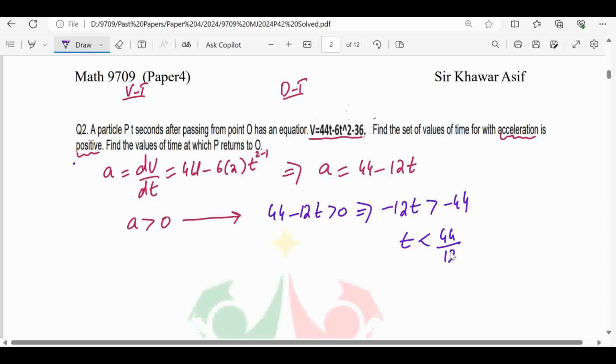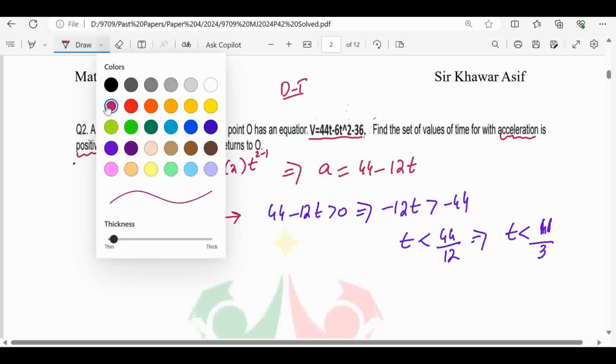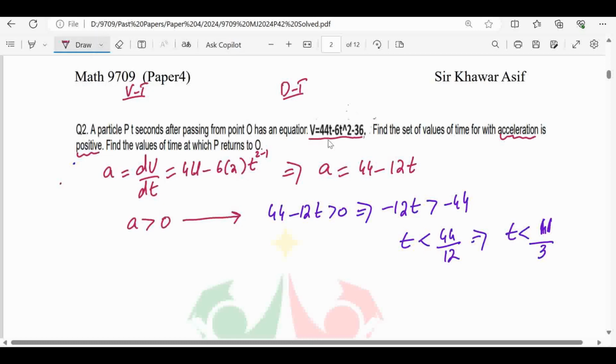So t will be less than 44 by 12, which is 11 by 3 if we simplify it by 4. And t should be positive, so the final value will be between 0 and 11 by 3.